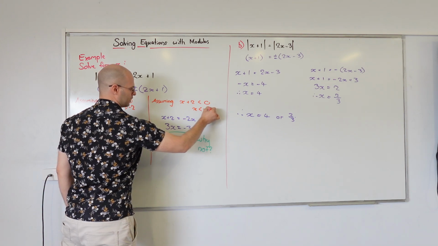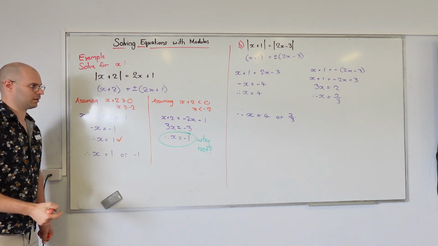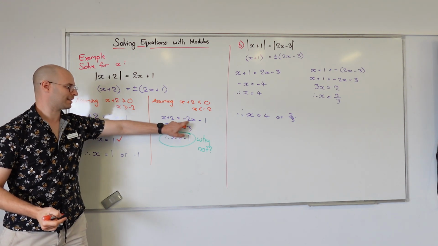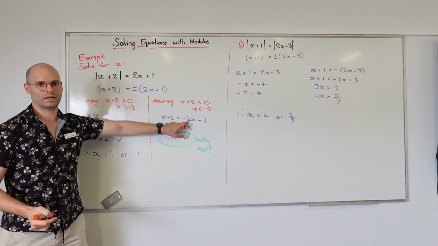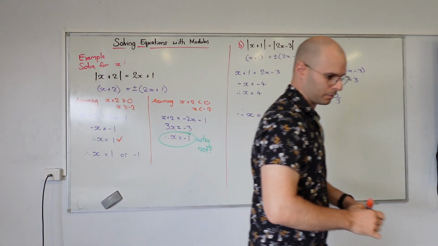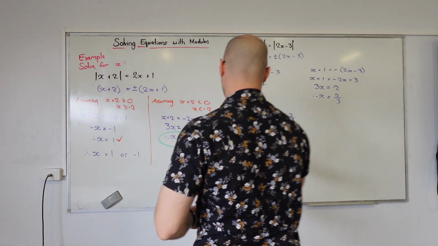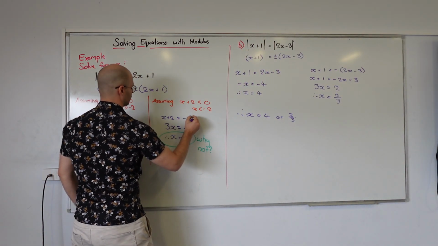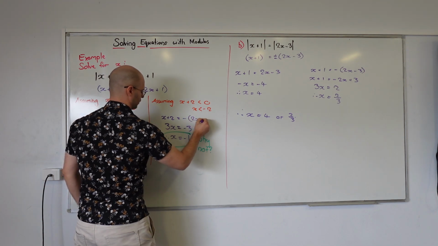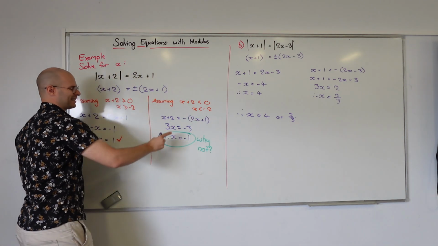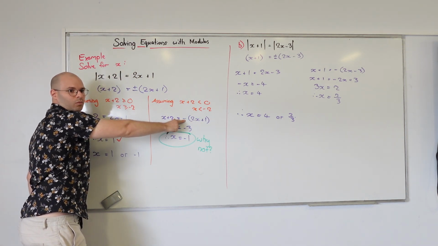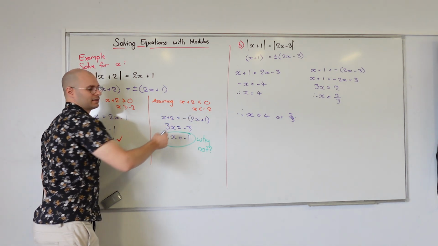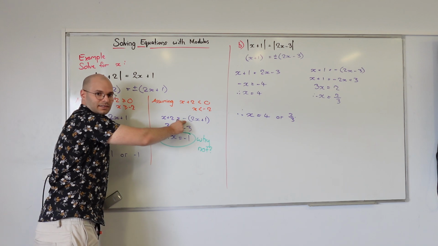X is going to be less than minus 2. Why? Is the condition because when we make this negative, we make the assertion that x plus 2 is less than 0, because we're going for the negative case.